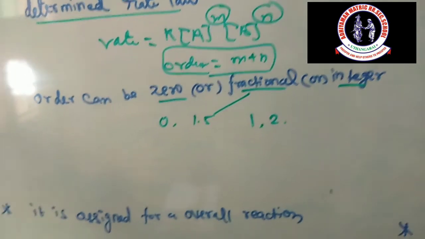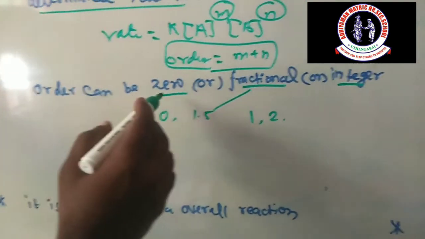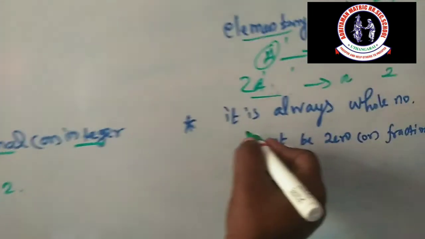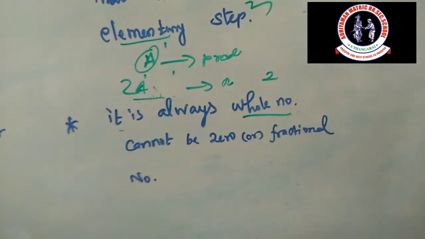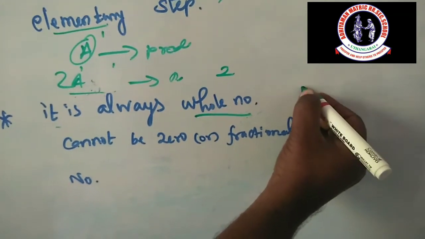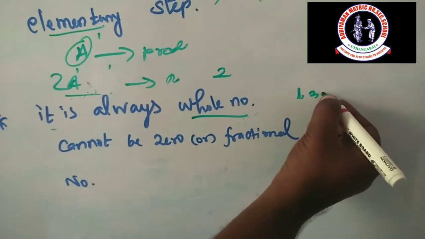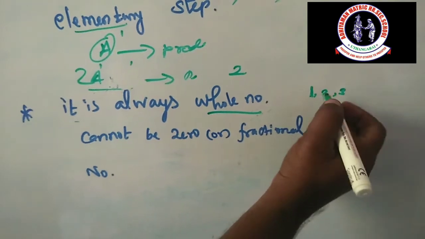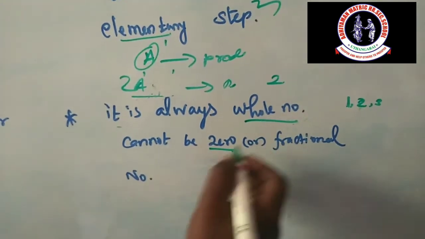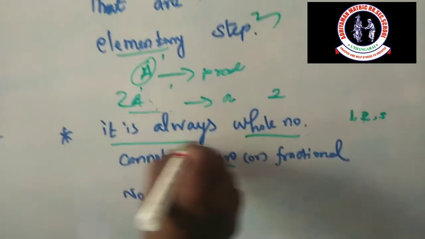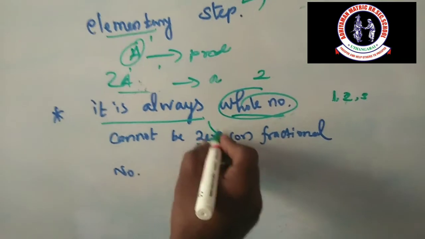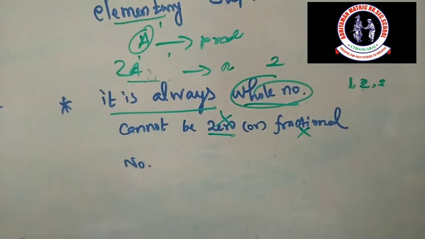But molecularity is always a whole number, such as 1, 2, 3. It cannot be 0 or a fraction.